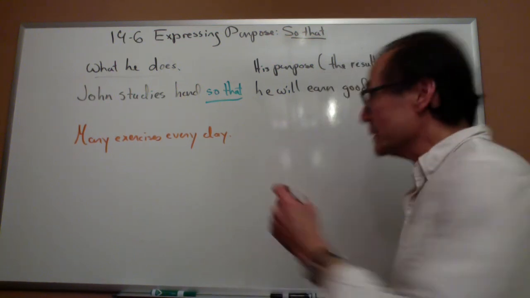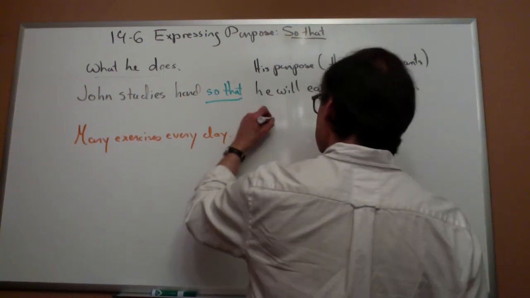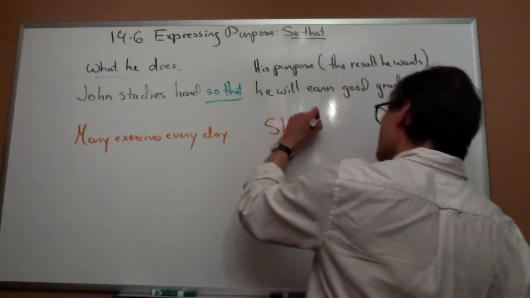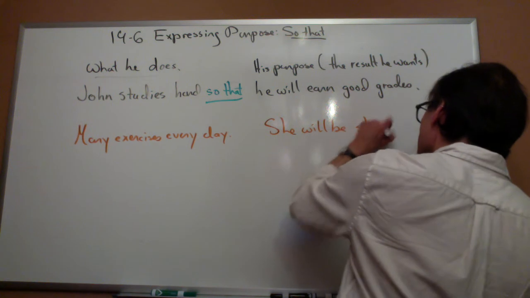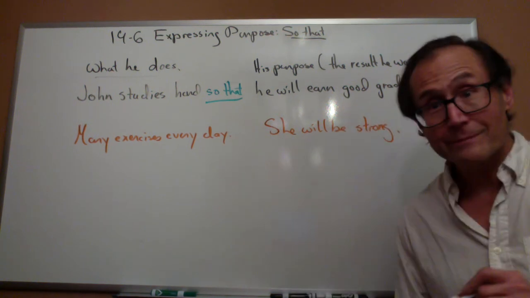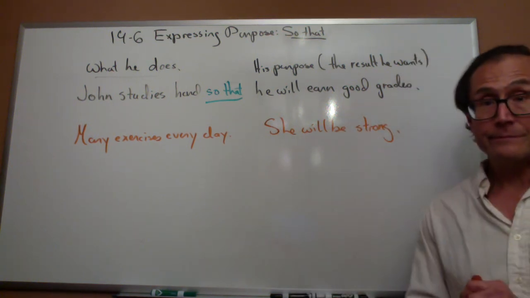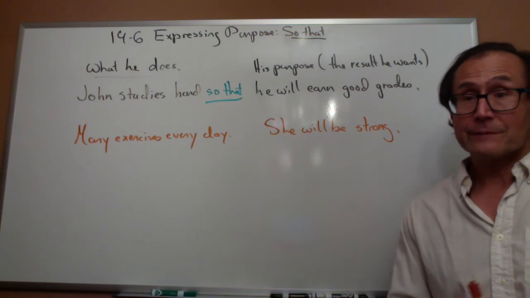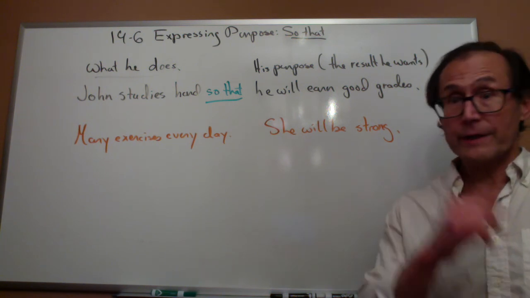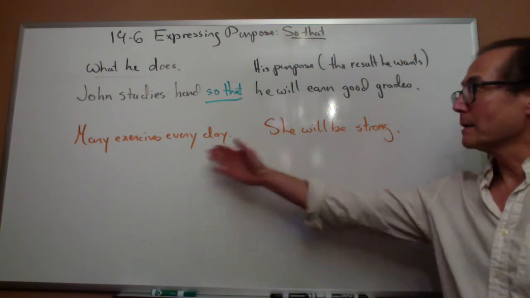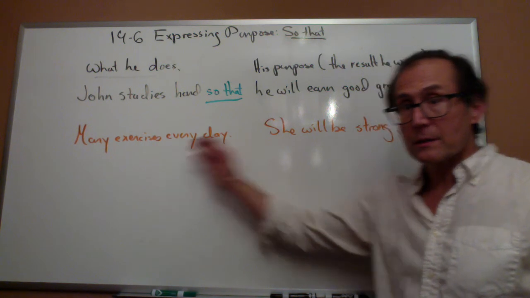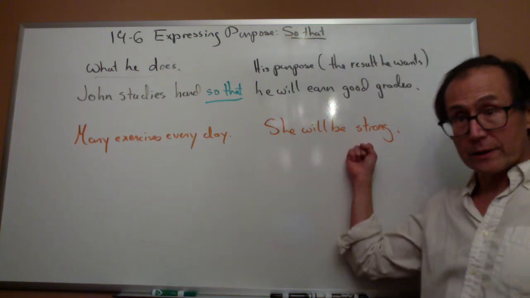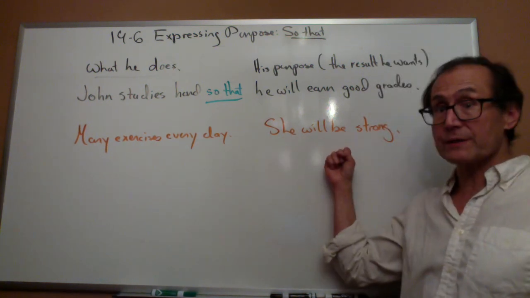So the result is she will be strong. Okay? Now, take a minute, pause the video if you want to, and just think, how can I show, this is what Mary does, and this is what she wants. This is her purpose, or the result that she wants.